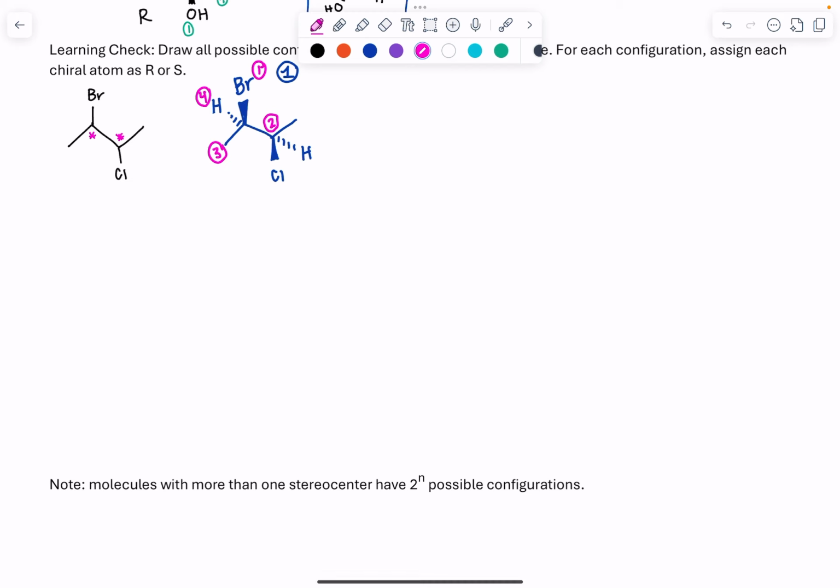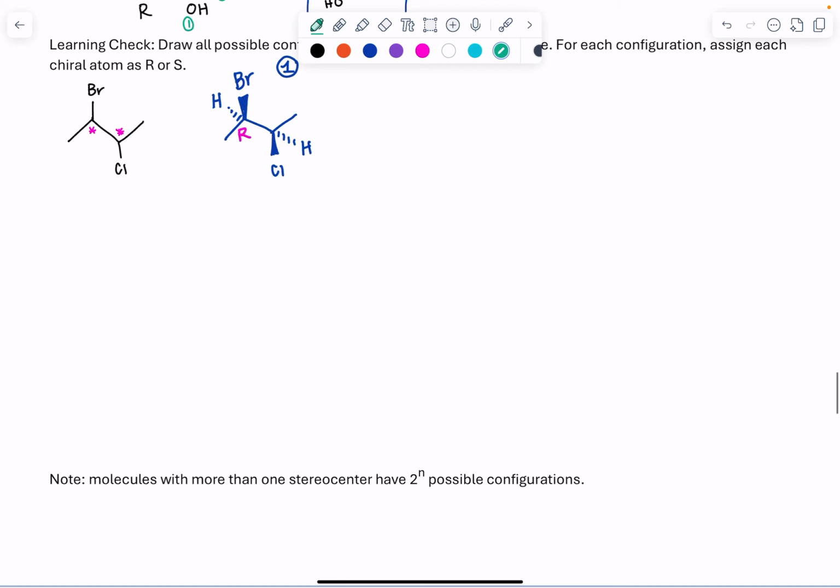Hydrogen is already in the back, so 1 to 2 to 3 is clockwise. I'm going to erase just for clarity. This is R. Let's do the other chiral atom, so the one bonded to chlorine. The chlorine will definitely be group 1, hydrogen 4, and then again we have this carbon bonded to bromine, hydrogen, and another carbon, and then this carbon which is just bonded to CH3s.